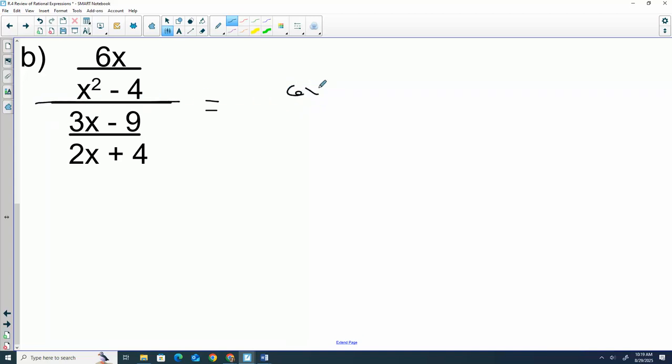If you want to divide fractions, keep the first one the same, you change your division to a multiplication, and you flip the second one.